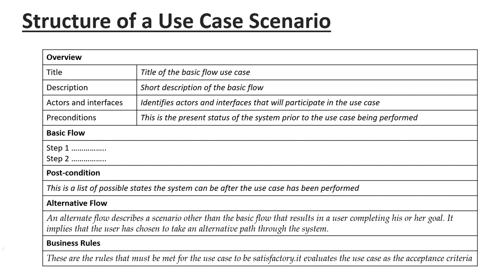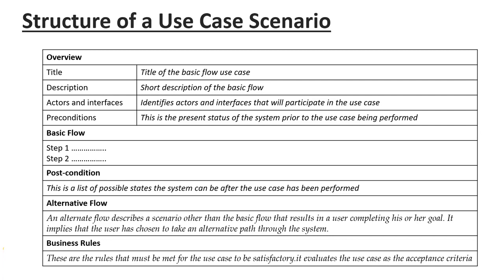And then the next one is actors and interfaces. In this instance, we explain who the various actors, or should I say users, would be. Since we said in the description that this use case explains how a student should log in, in the actors section we would specify a student as the actor.